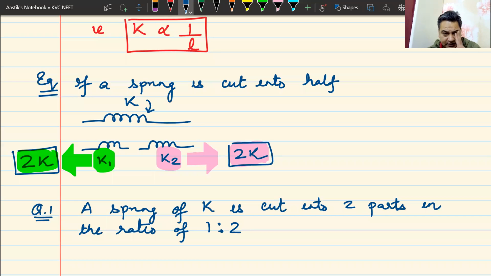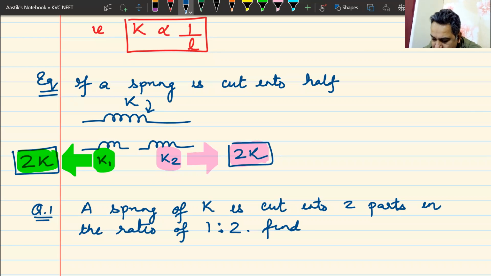So I've cut the spring into 2 parts. The length is in the ratio 1:2. I hope you understand it. Simple maths, simple physics, simple question. The spring is there. I cut it into 2 parts. The ratio of lengths is 1:2.